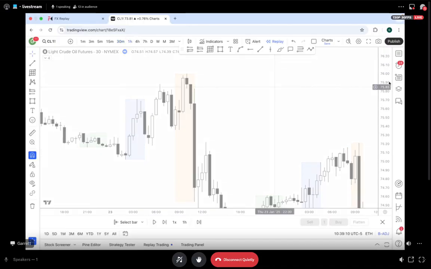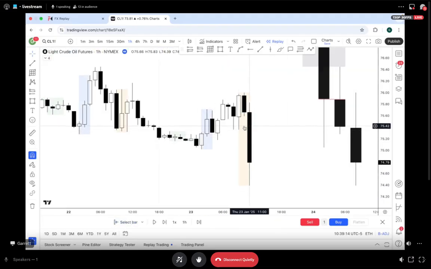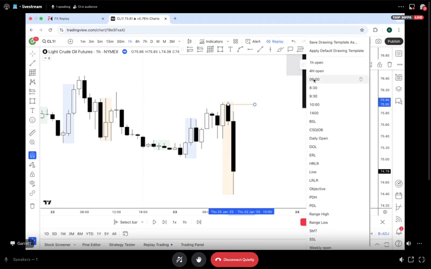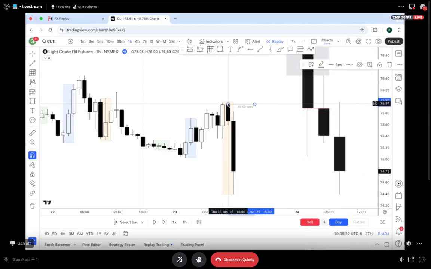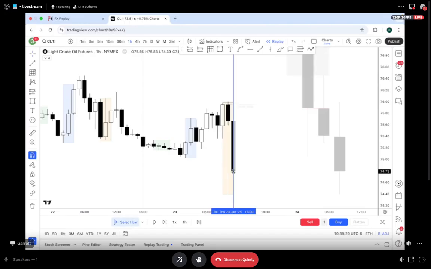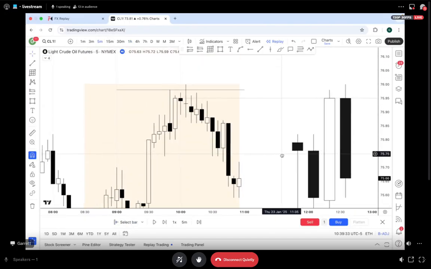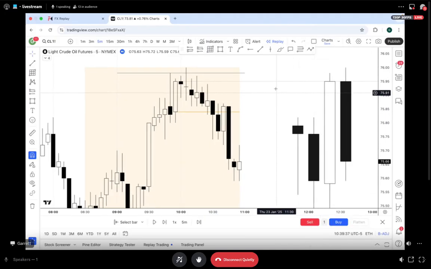Anyway, let me try to find another day here. How about this day? Look at 10 a.m. This is my model right here, very cleanly. You have a 10 a.m. reversal model where the high is formed for the fractal model, right? So my invalidation at this point is really this first CSD, because you want to see this hold for a valid candle too.